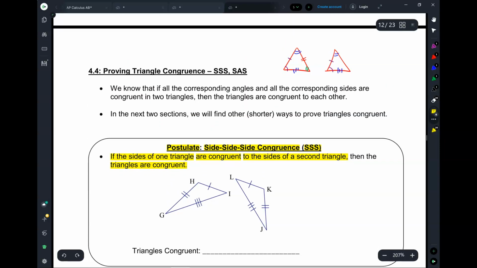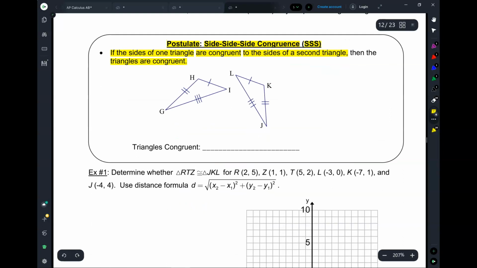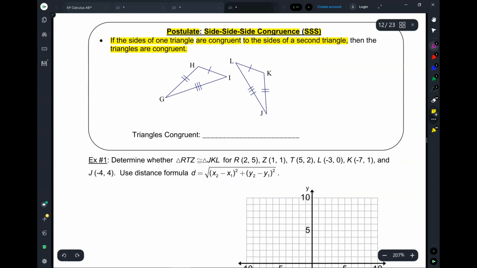So already, we don't need to know all 3 sides and all 3 angles are congruent. We could just get away with all 3 sides being congruent. That's SSS. So if you look here, if this side is congruent to this side, and this side is congruent to this one, and then this last one is congruent to the last one, then we say the triangles are congruent by the SSS postulate.